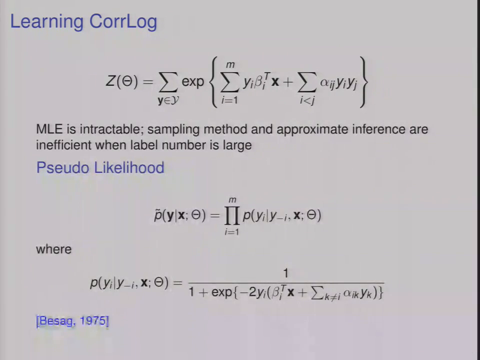Therefore, we use the pseudo likelihood method. The pseudo likelihood can be read as the product of the conditional probability of each label given all the rest of the labels. In the case of CorrLog, this component probability is just a logistic regression.